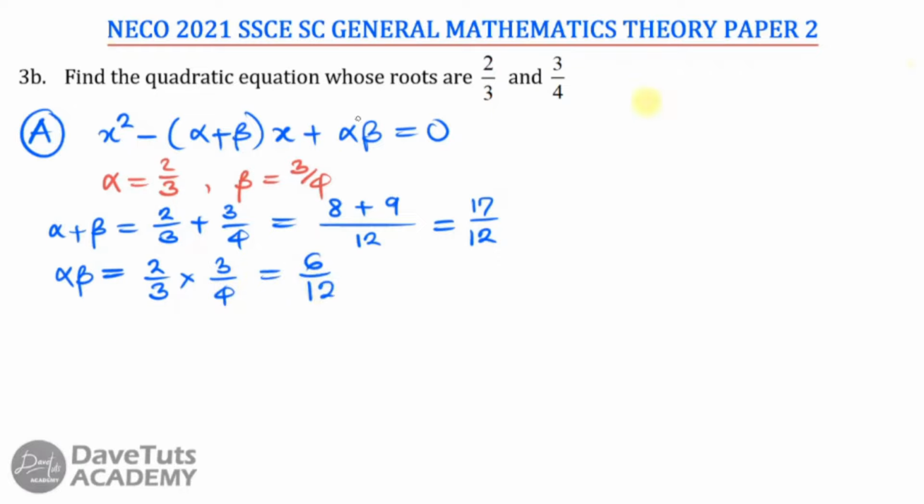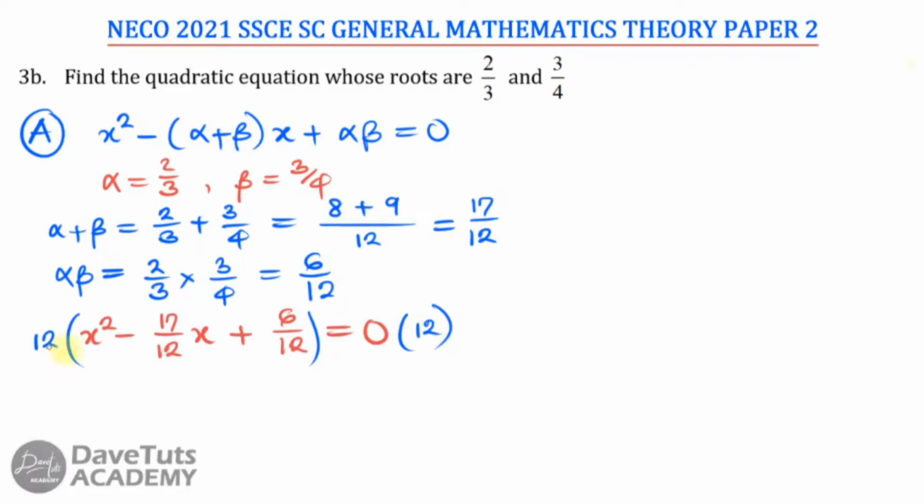Okay. So if we want to use that in the equation, we can say that means we have x squared minus the sum of the roots, that is 17 over 12 multiplied by x, then plus the product of the roots, that is 6 over 12. And you will notice that I didn't change the value of the denominator because in this case I can multiply all through by 12. 12 can multiply everything on the left hand side, and of course 12 multiplying everything on the right hand side will still be 0.